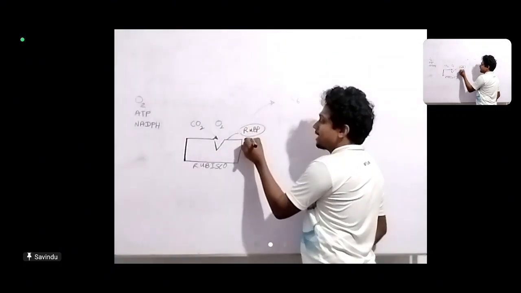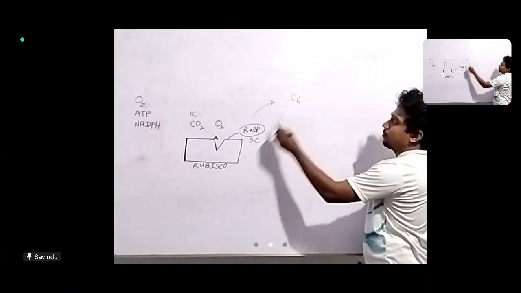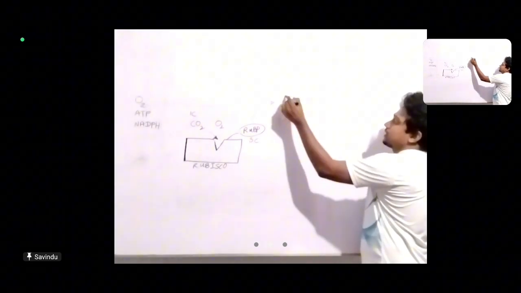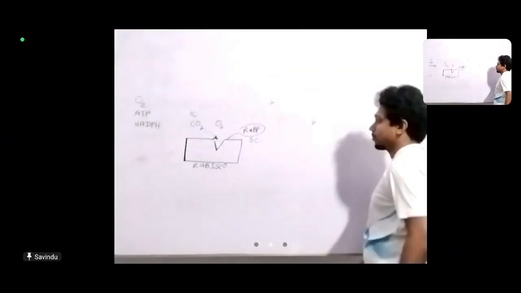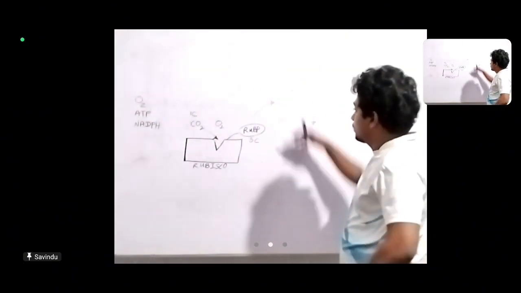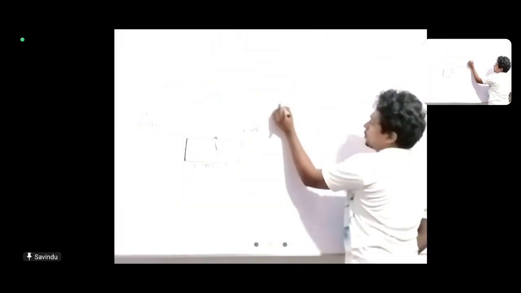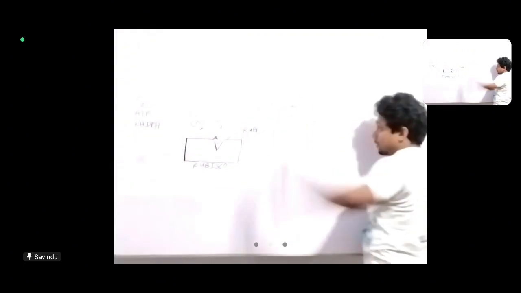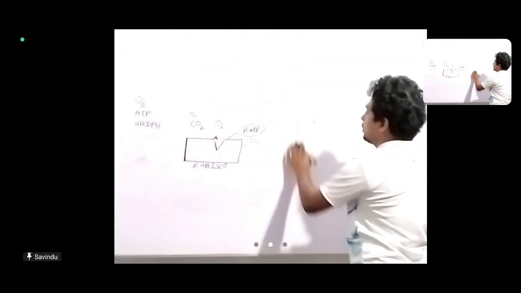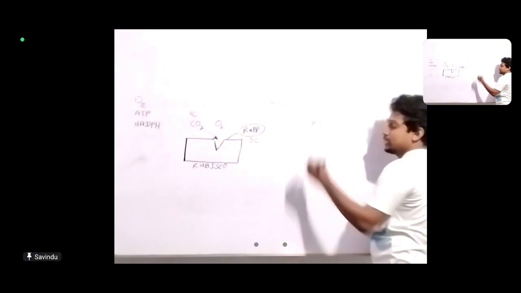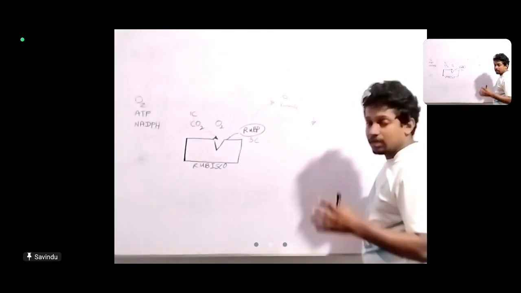It has 5 carbons and this carbon dioxide has 1 carbon, so they form a 6 carbon molecule. But this is unstable, so it quickly forms 2 stable 3 carbon molecules.